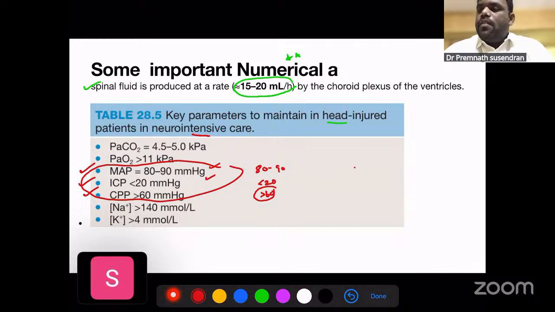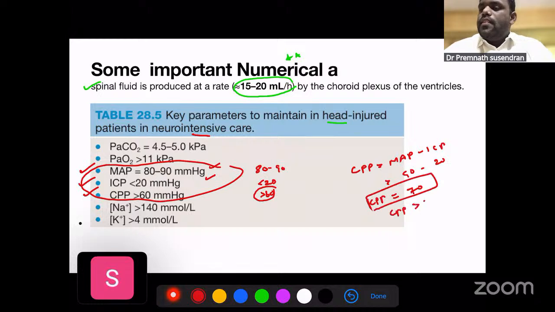Because what is the formula for CPP? It's equal to MAP minus ICP. So if you take the higher values of MAP, 90, and ICP, 20, that gives us 70. You can derive that CPP is equal to 70, which indirectly means it's more than 60.